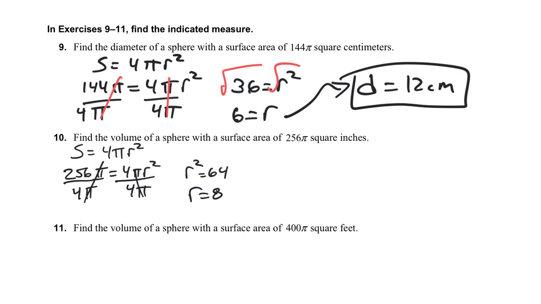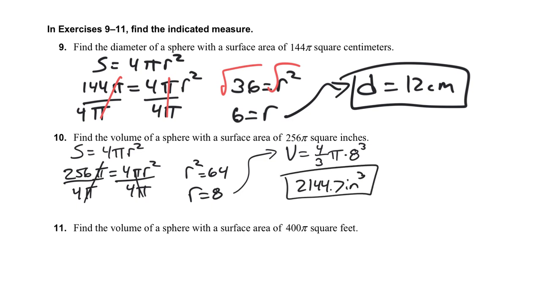And I need that so I can go into my volume formula, which is 4/3 times pi times my radius, which is 8 cubed. Throw that in the calculator, you get 2,144.7 cubic inches.